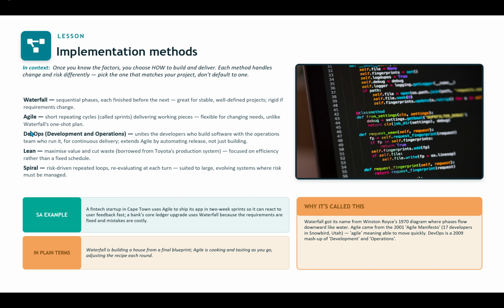That's where you would go for agile methodologies, which is short repeating cycles, usually called sprints, depending on the agile framework that you choose. The most popular these days being the Scrum methodology, which is then delivering work in pieces, flexible for changing needs, unlike waterfall, which is one-shot plan.